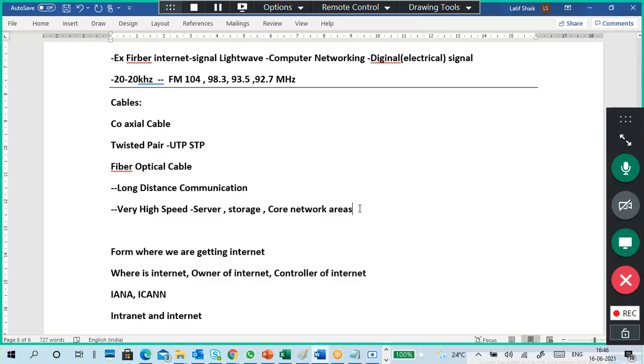At that time we require high speed in server rooms, so we use fiber optical communication.